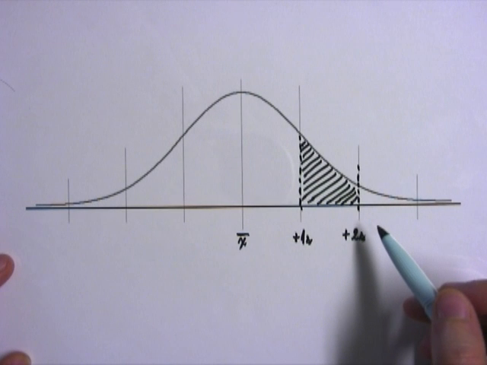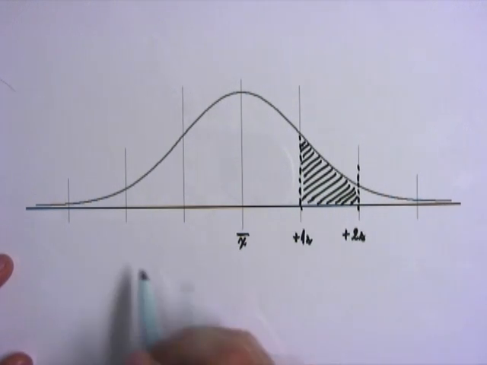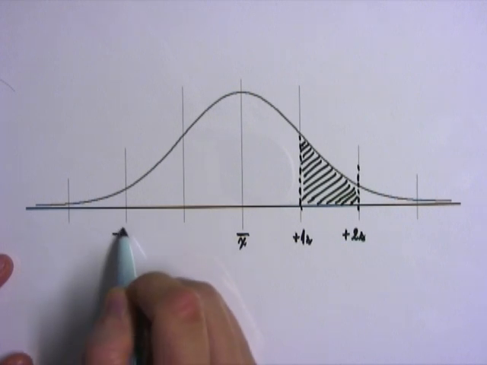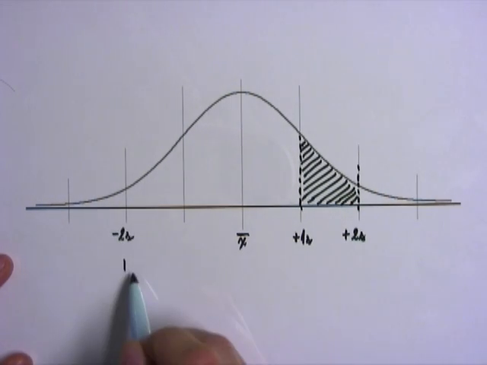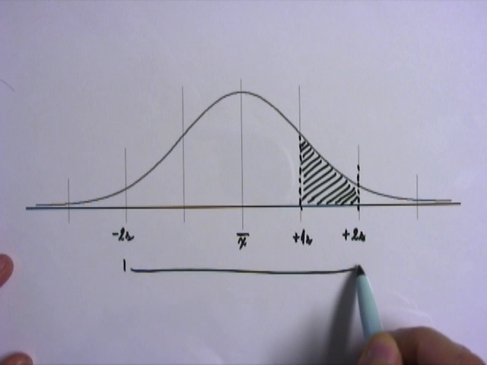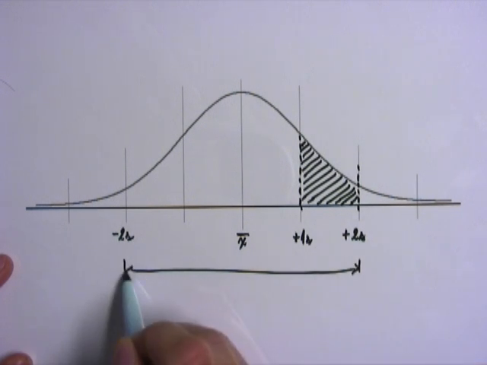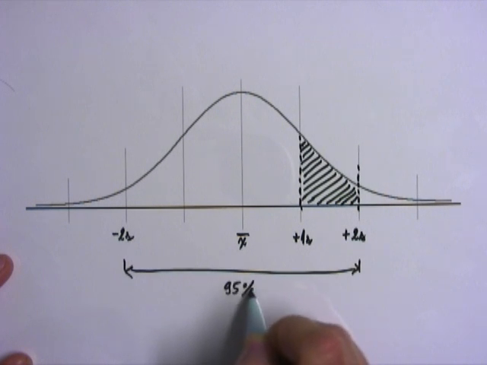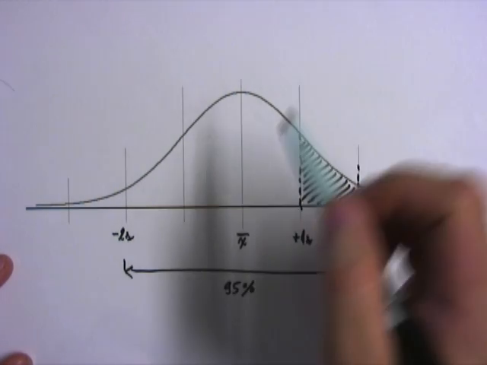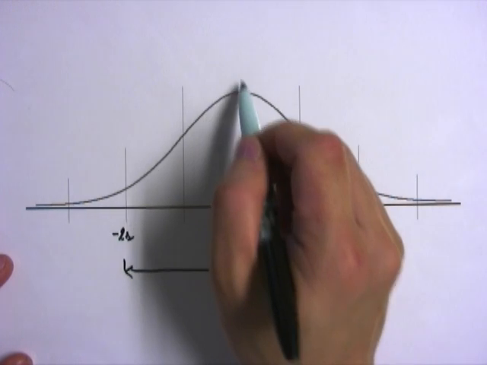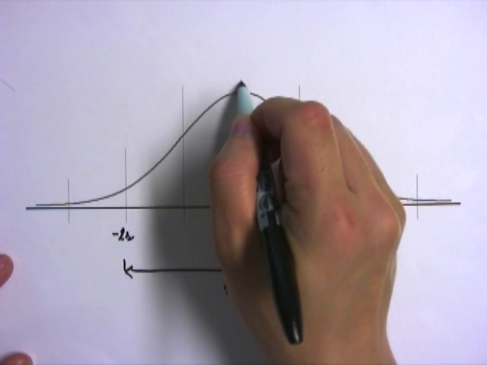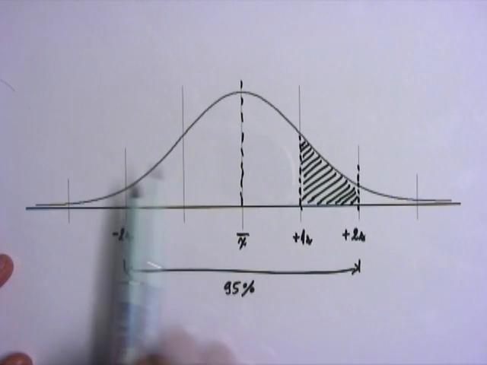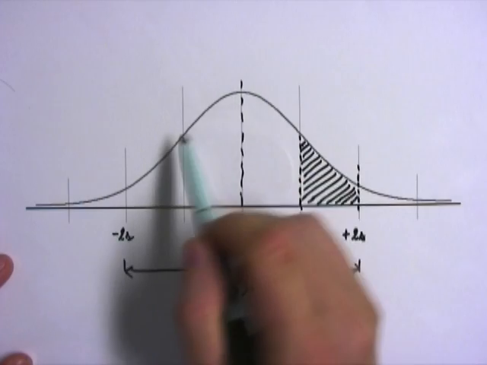If you rely on the empirical rule, what we know is that the long interval all the way from -2 standard deviations up to 2 standard deviations above the mean contains 95% of data. And the mean is right in the center as I'm drawing, and so that splits the 95% into 2 equal halves.